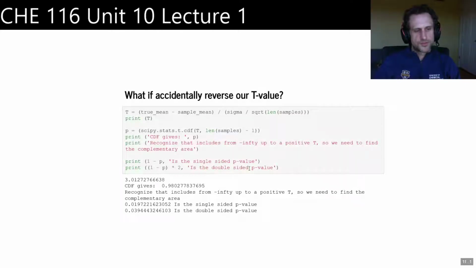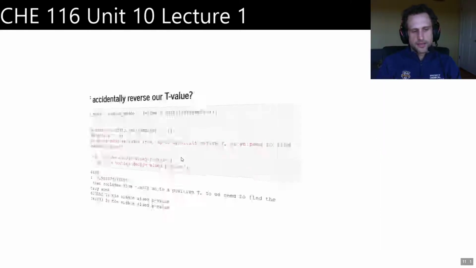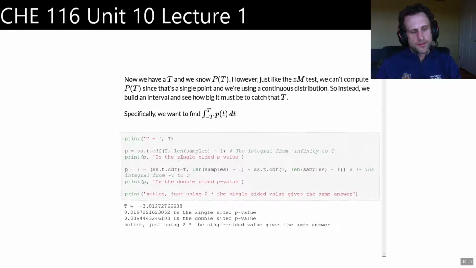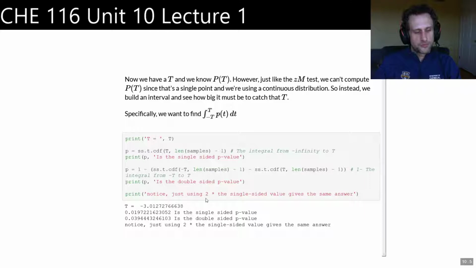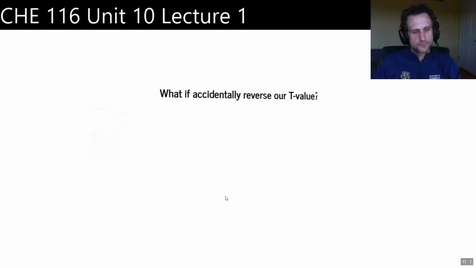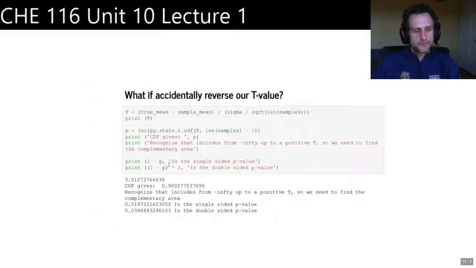This is just a little bit of discussion if you accidentally reverse your area. It's okay. We computed this probability of the interval, and then we compute this p-value. If you accidentally switch the area around, that's okay. You'll be able to figure it out because you just need to remember that you want your p-value to be very small when you're far away from the center of your distribution.